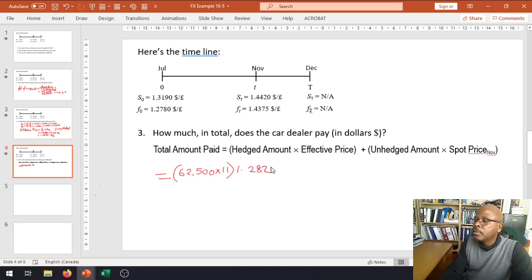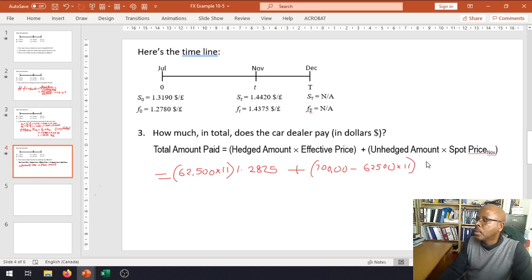0.825. I believe that's right. And then plus our unhedged amount, and the unhedged amount then is the 700,000 minus essentially what's over here, which is the contract size that's here, and that's 62,500 times 11.